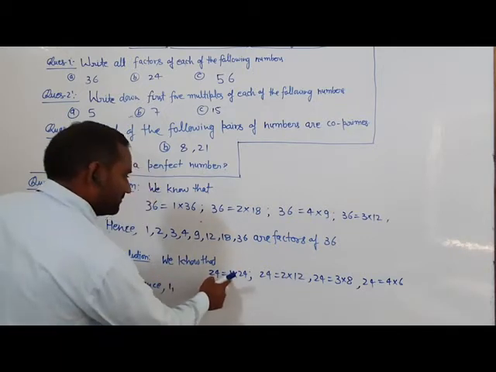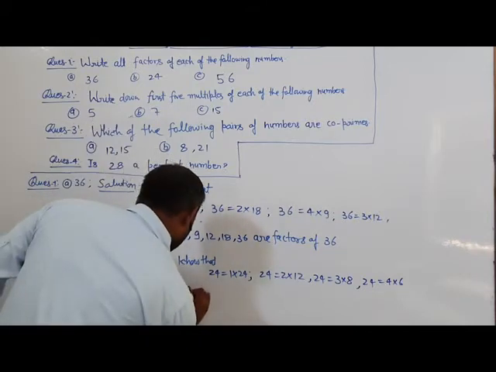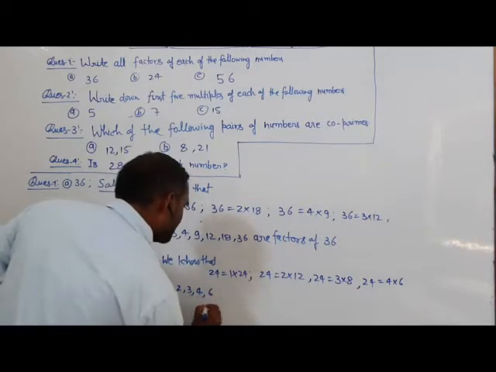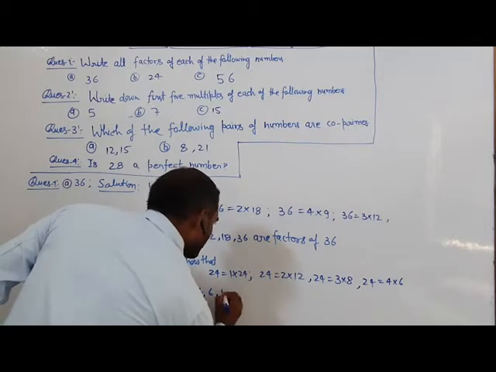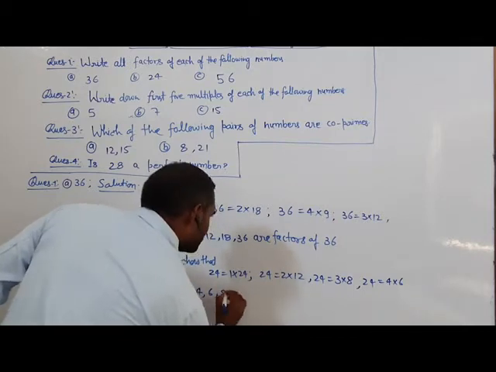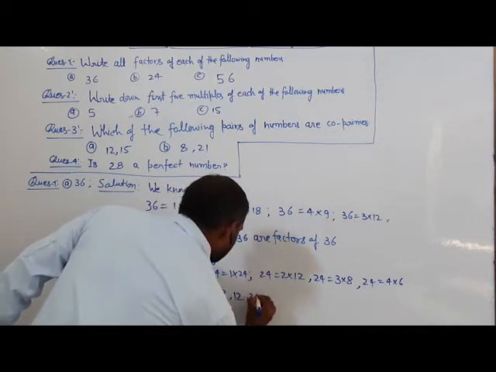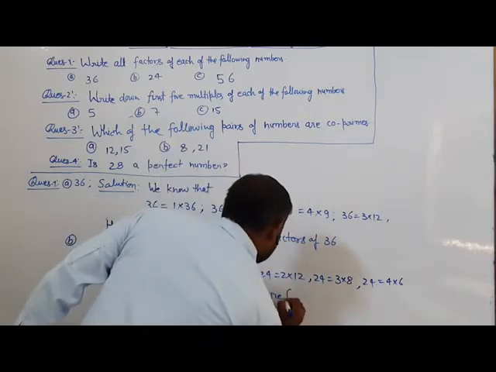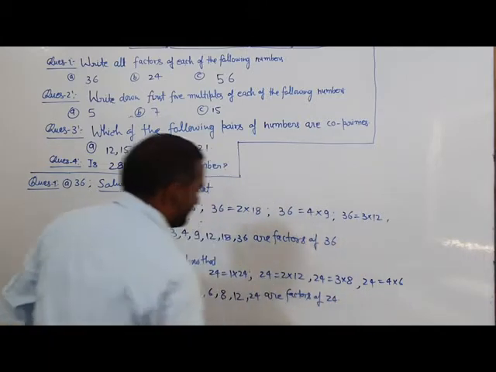So hence 1, 2, 3, 4, 6, 8, 12, 24 are factors of 24.